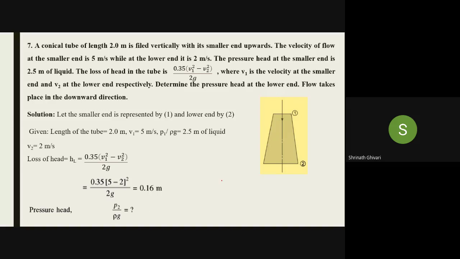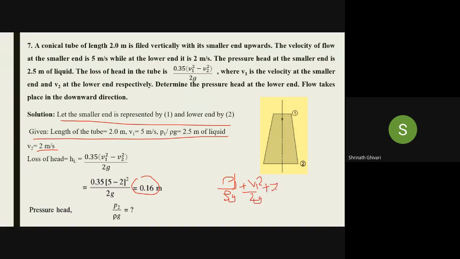You have the given things over here. You know the formula. P1 by rho g plus V1 square by 2g plus Z1 equal to P2 by rho g plus V2 square by 2g plus Z2 plus HL. Substitute all the values and get me the answer for P2 by rho g.